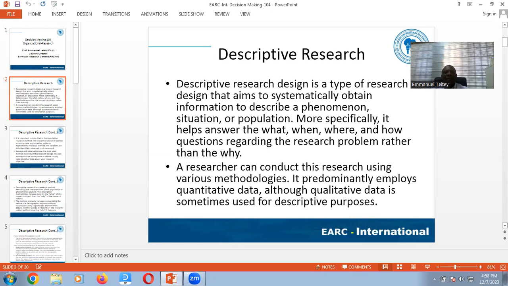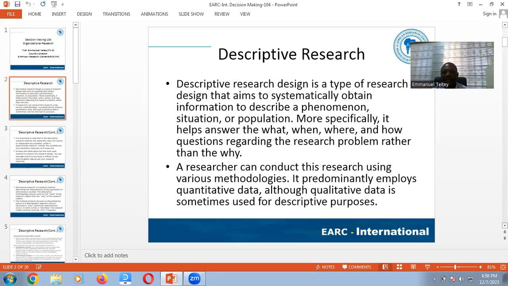Descriptive research design is a type of research design that aims to systematically obtain information to describe a phenomenon, situation, or population.